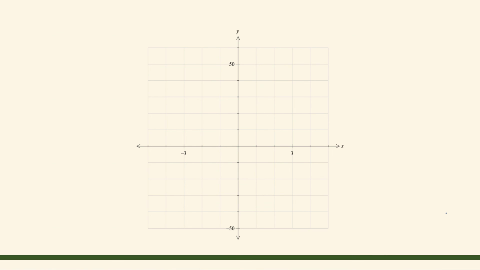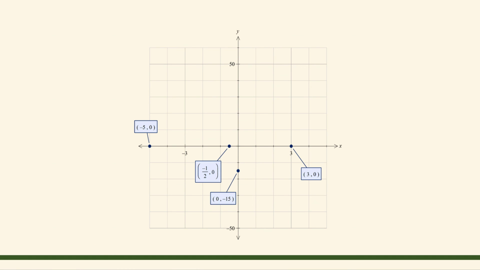To begin, let's plot our x-intercepts and our y-intercept. We plot the points negative 5, 0, negative 1/2, 0, and 3, 0. Those are the x-intercepts. The y-intercept we found to be at the point 0, negative 15.